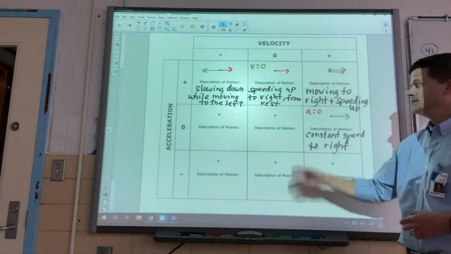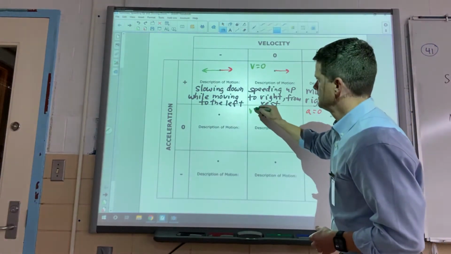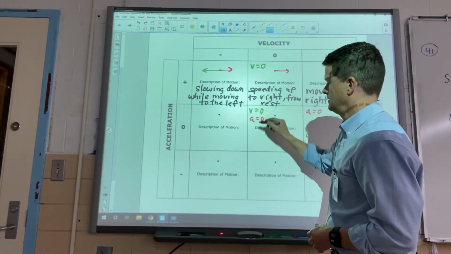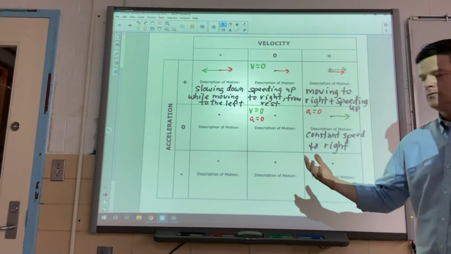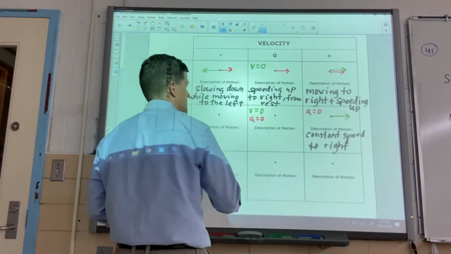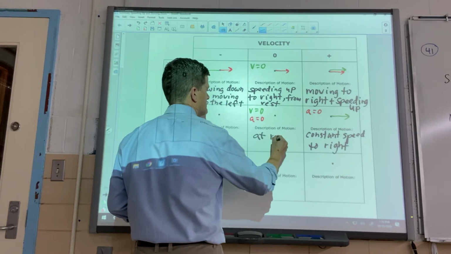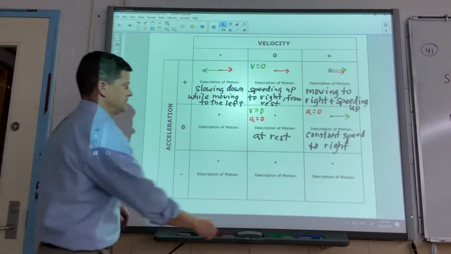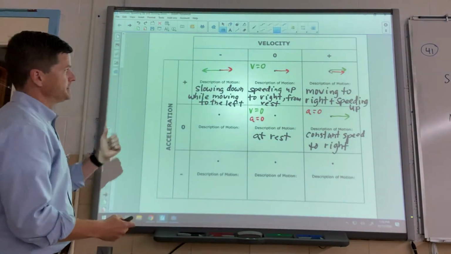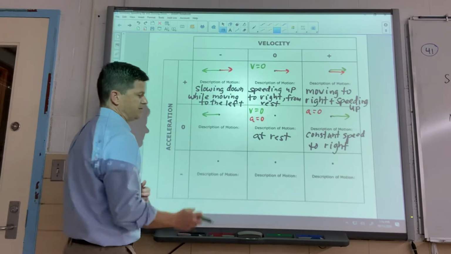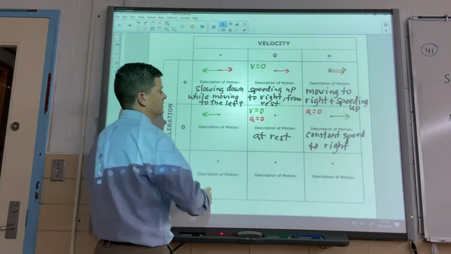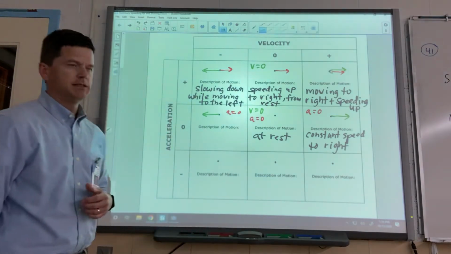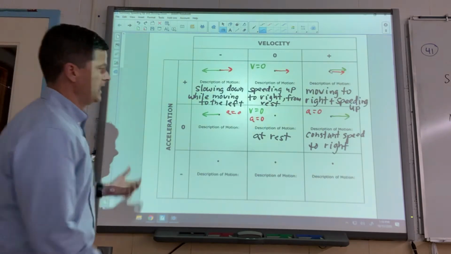Right in the middle, zero velocity, zero acceleration means no motion. This object is at rest. And then still zero acceleration, but negative velocity now. A leftward pointing velocity vector. Acceleration 0. Again, that's going to be constant speed, so constant speed to the left in this case.